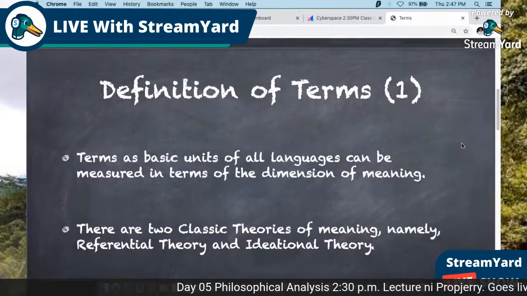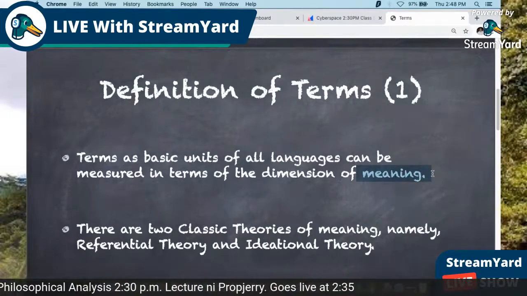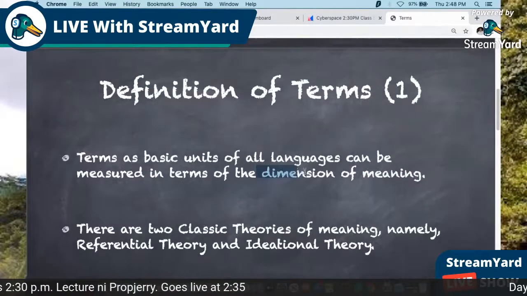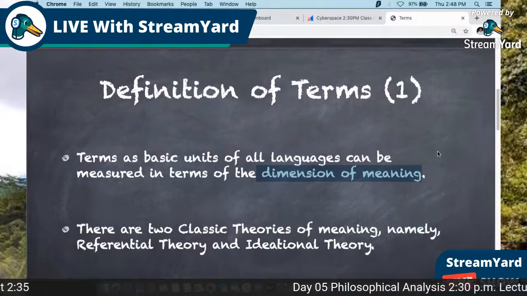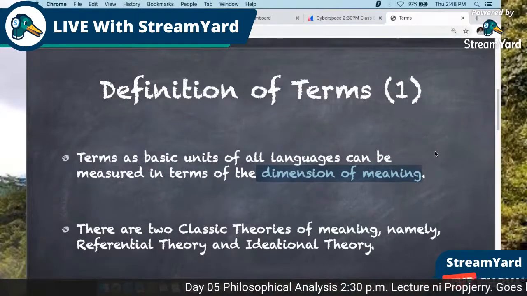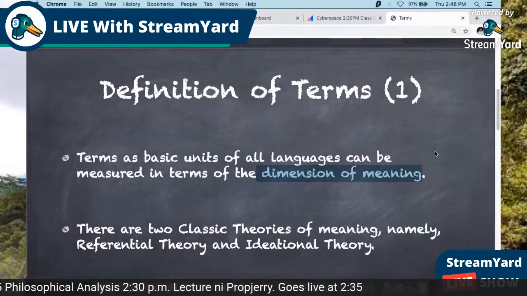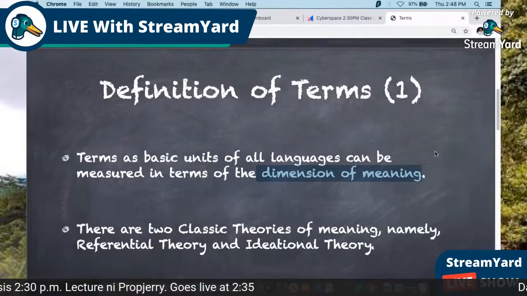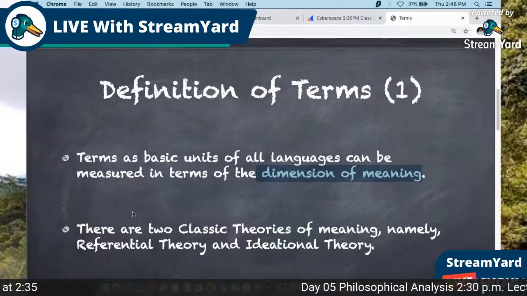They're the basic units of all languages and they have meaning. They have the dimension of meaning. The relationship between a term and its meaning is not functional, not mathematical, not natural, not biological. It is conventional. We dealt with that.